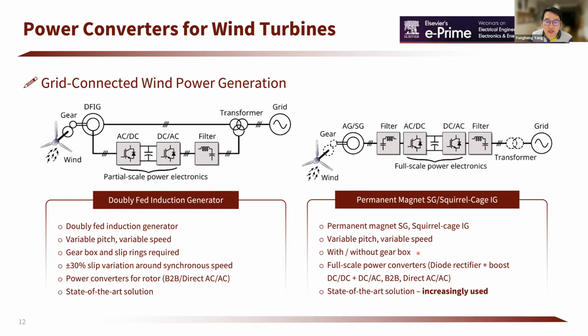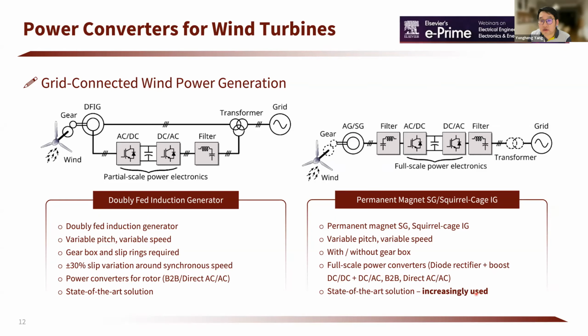The other concept is called the full-scale power electronics-based wind generation system. You can use a synchronous generator or asynchronous generators. Here, the power is fully processed by power electronics. This concept is also a state-of-the-art solution used in many commercial and practical projects.